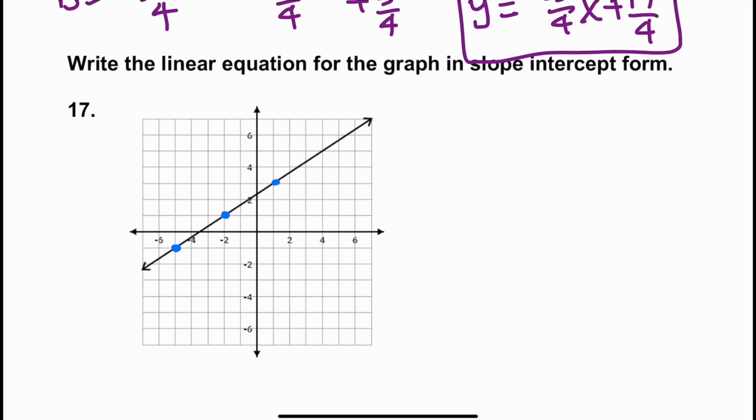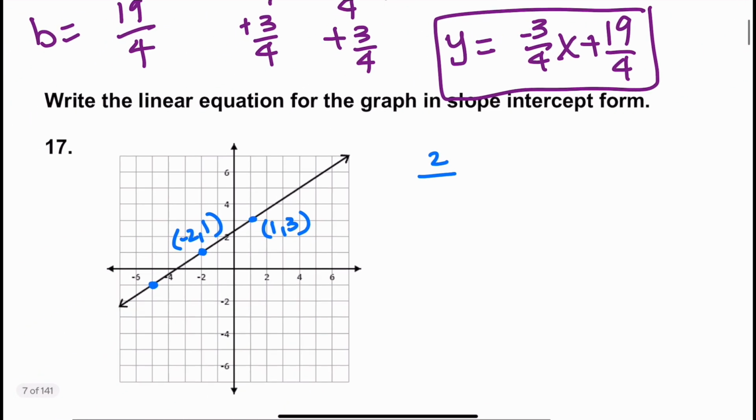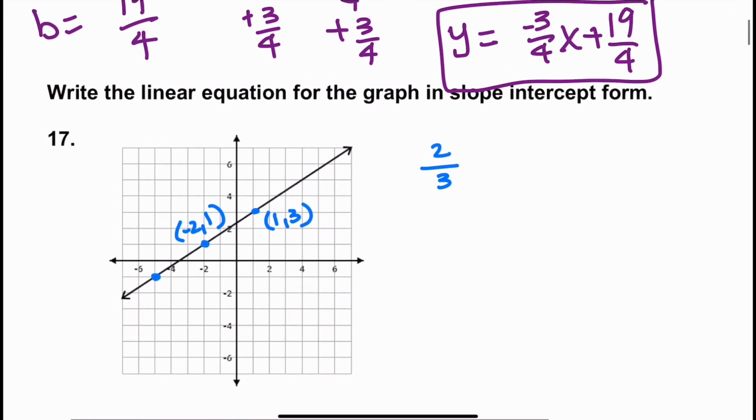So you can use either one of these. We've got 1, 3 here, and -2, 1, and you can do your y2 minus y1 divided by x2 minus x1. 3 minus 1 is 2. 1 minus a -2 is 1 plus 2, which is 3. We should get 2/3.